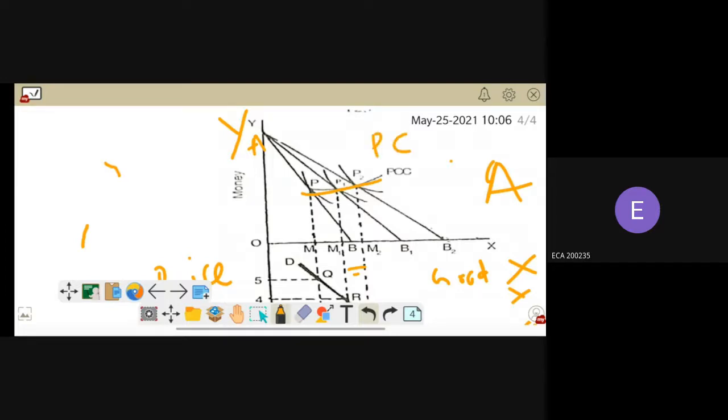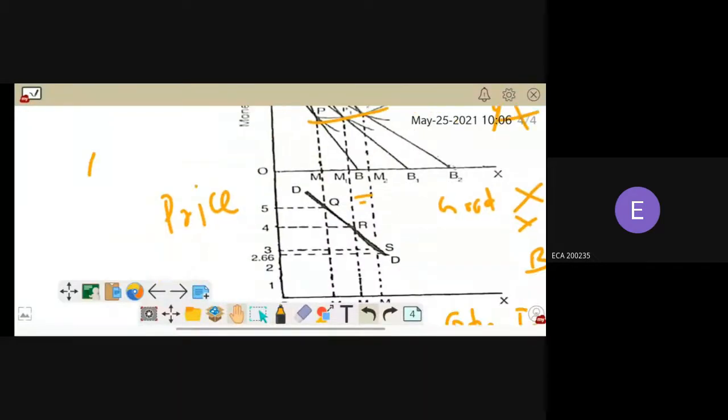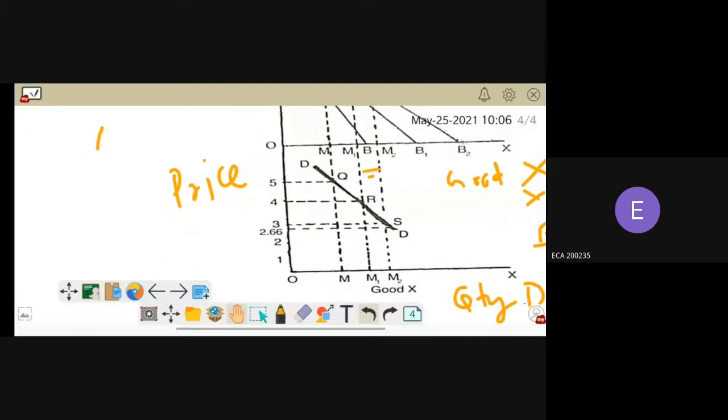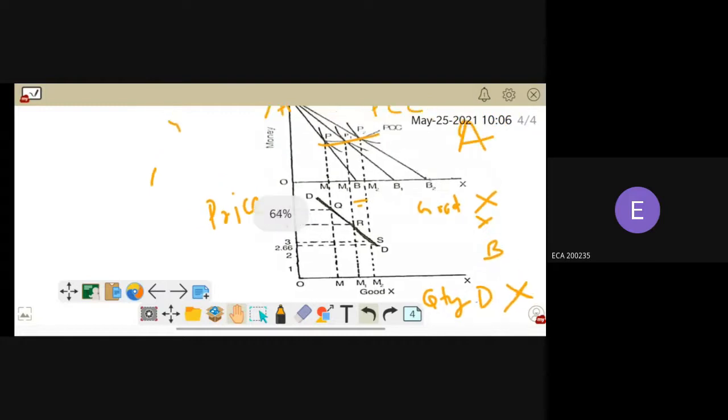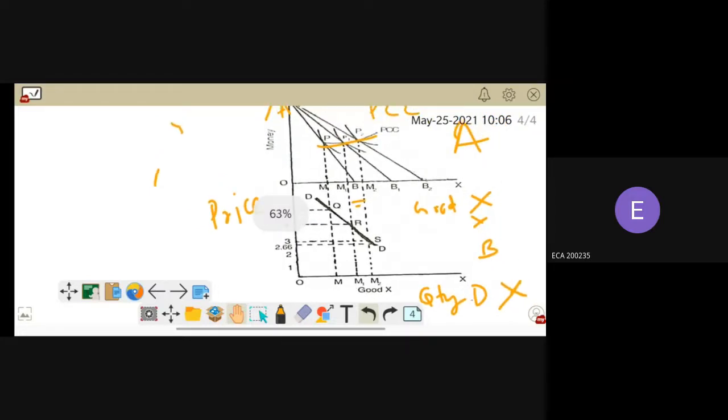Okay. Now let us see how we can derive the demand curve using the price consumption curve. So for that, we have to move to panel B of the diagram.